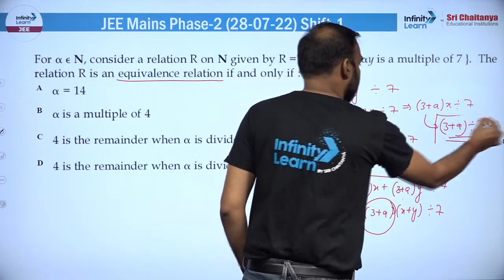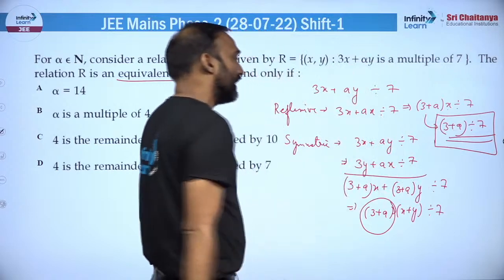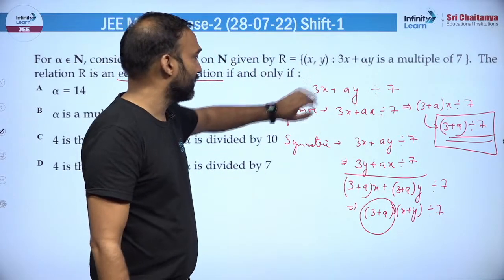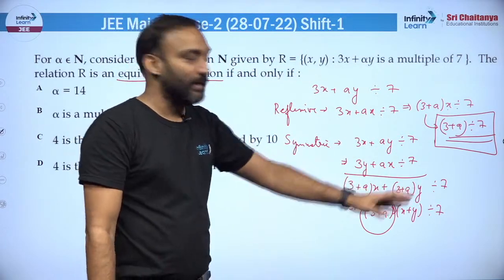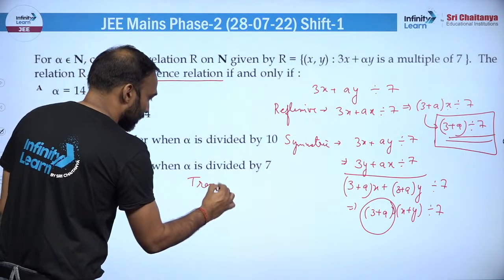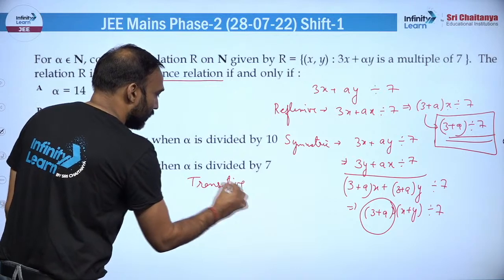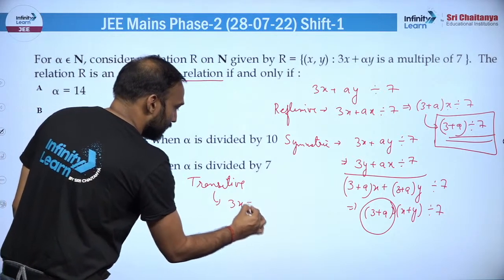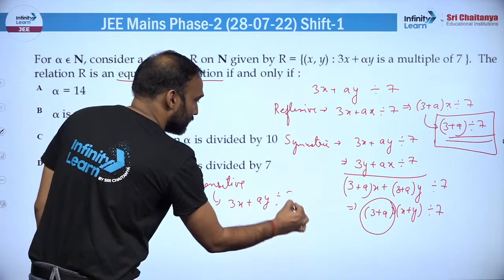So if your function satisfies this condition, then the relation will be reflexive. It will also be symmetric. Let us also check for transitive behavior, because for equivalence, all three should hold true. So it is 3x plus ay is divisible by 7.